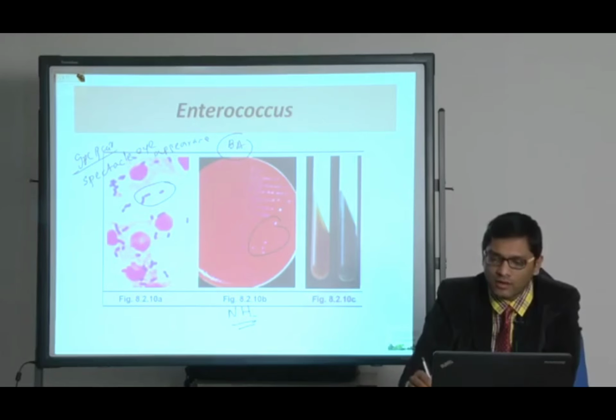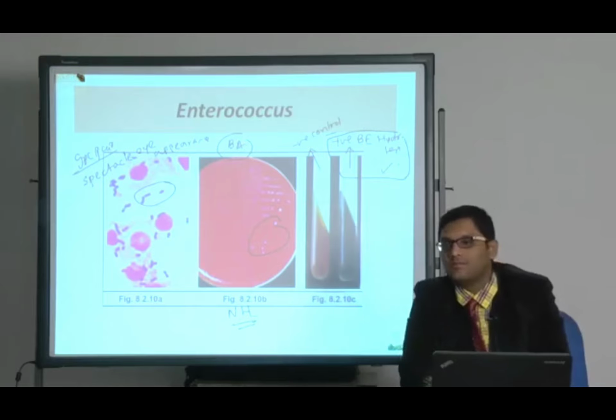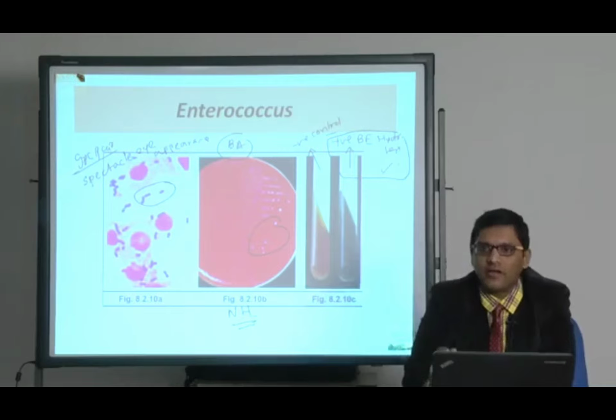And here you have a look. This is a positive bile esculin hydrolysis test, and this is a negative control. So, a positive bile esculin hydrolysis test is a feature of Enterococcus.